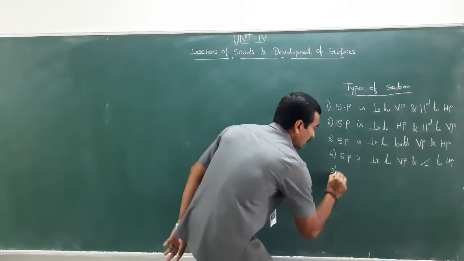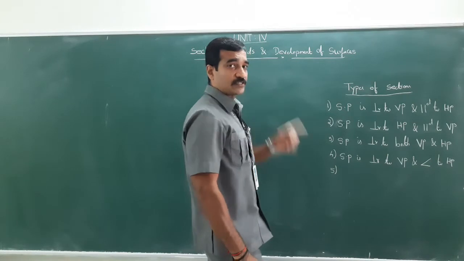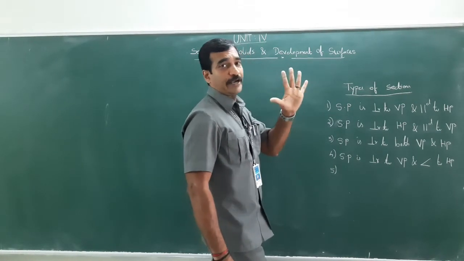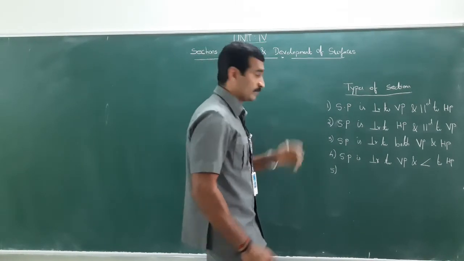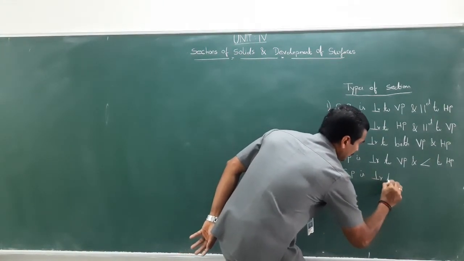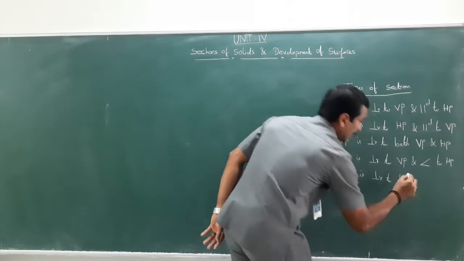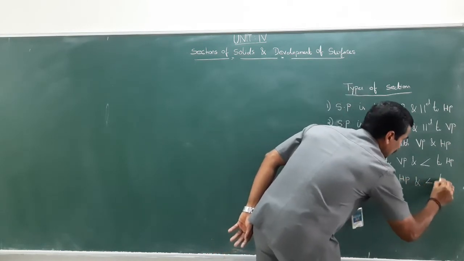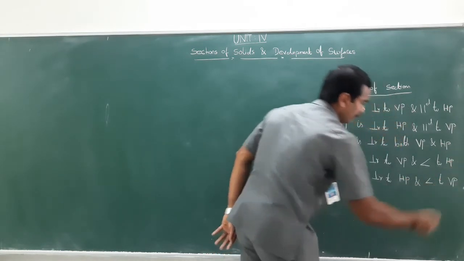And the last type, as far as sections of solid is concerned, we have only 5 types, right? So the section plane is perpendicular to HP and inclined to VP.